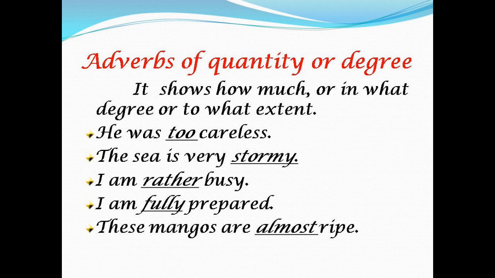To what degree or to what extent are the mangoes ripe? So the word almost becomes our adverb of quantity or degree. From our examples, we have noted adverbs of degree like too, rather, fully, and almost.